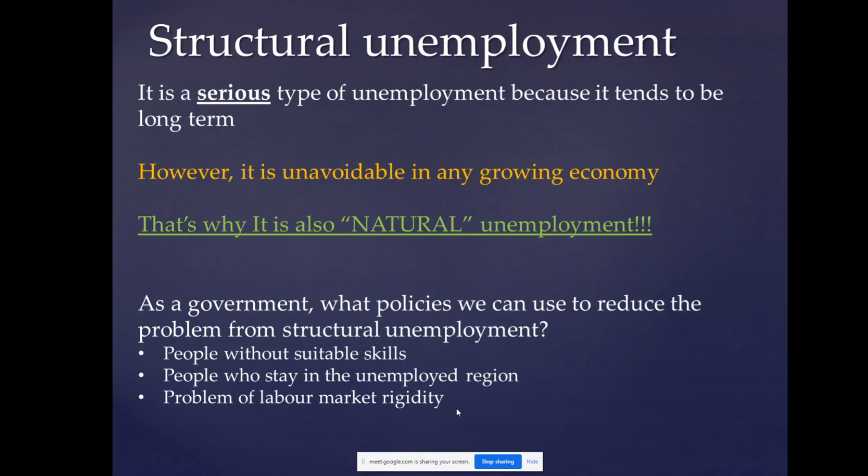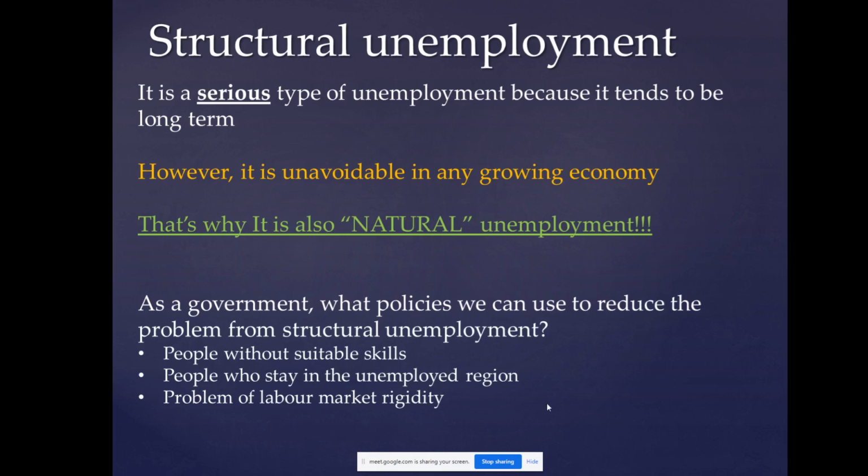So if you have to summarize all those policies that you gave me, there's just one name for all of them: supply side policies. Labor market reform is basically one of the supply side policies.